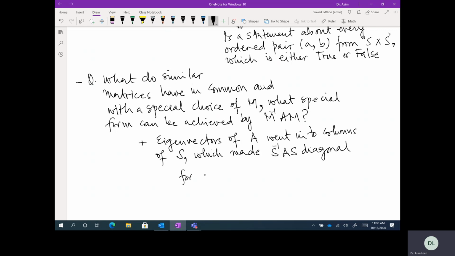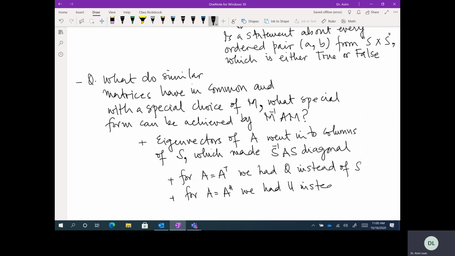For A equals A transpose, for the symmetric matrix case, we had Q instead of S, and for A Hermitian we had U instead of S. So we had Q transpose AQ equals the diagonal matrix in this case, and in this case we had U Hermitian AU equals a diagonal matrix.